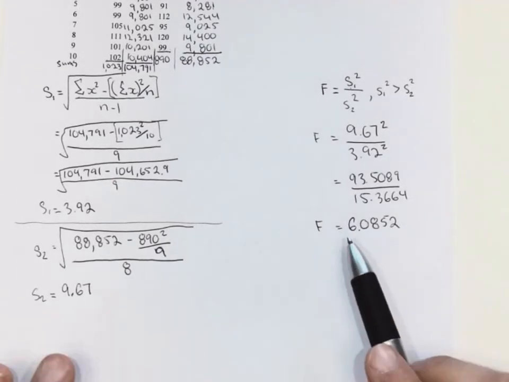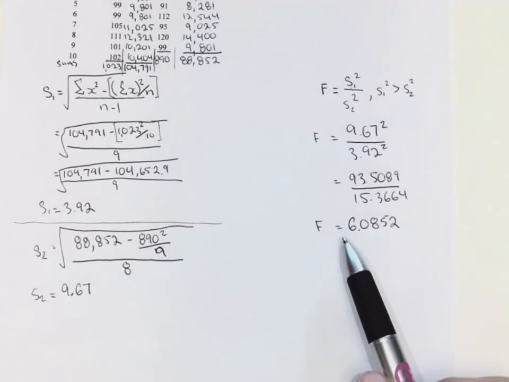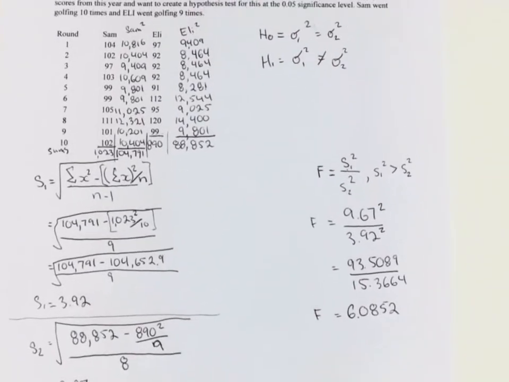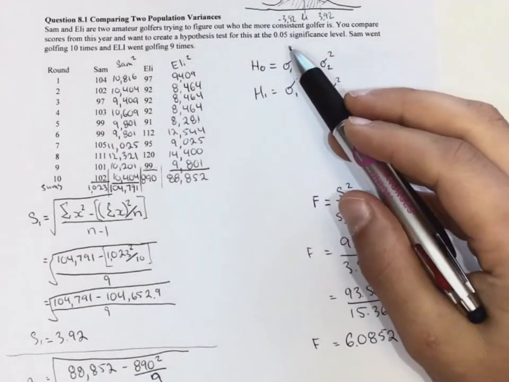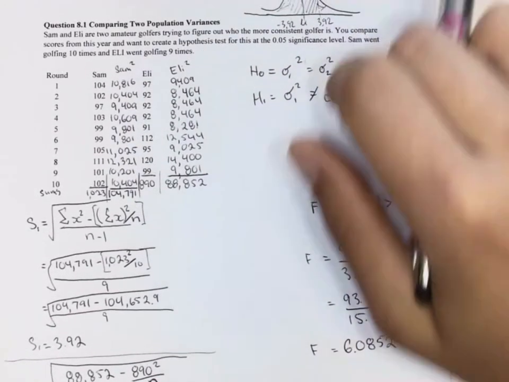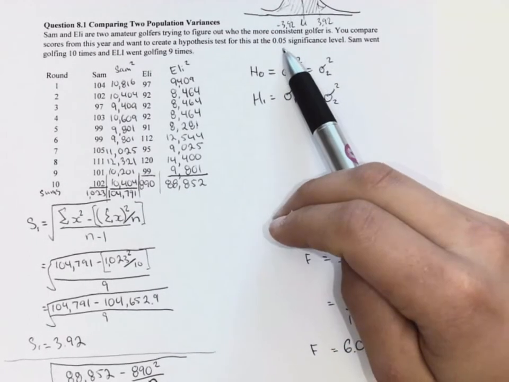Now we need to determine what is our F chart. So you'll see in your formula sheet that your F distribution table will have several different tables. And it all depends on the significance level. We have asked for a significance level of 5% or 0.05. Now this is two-tailed.